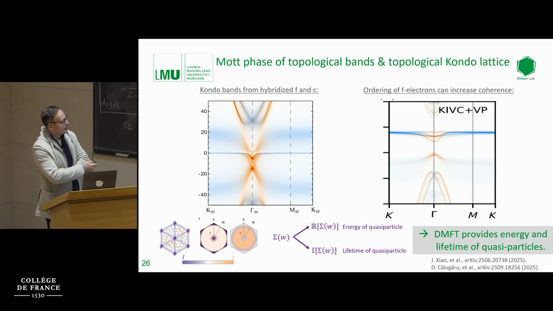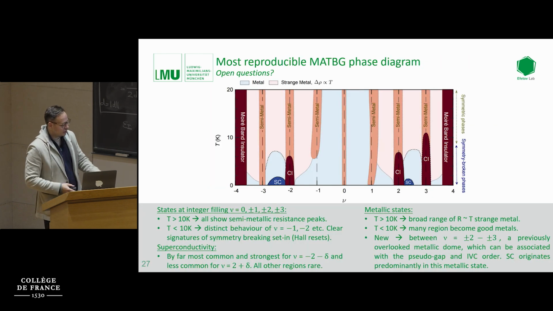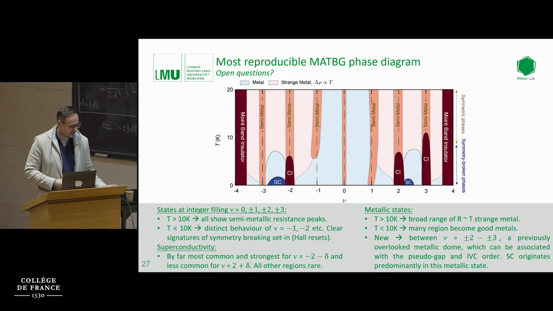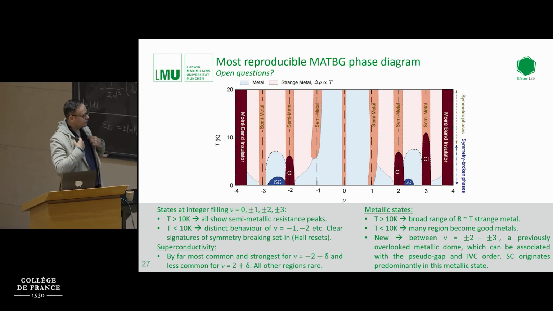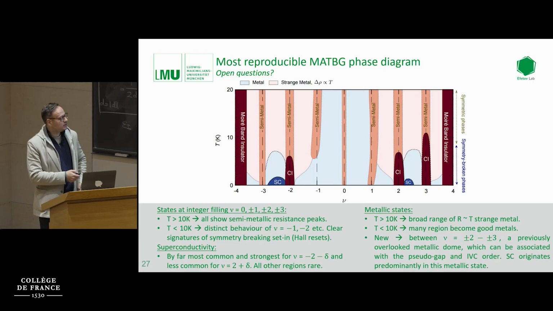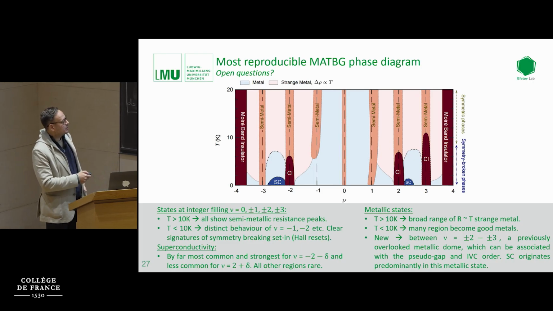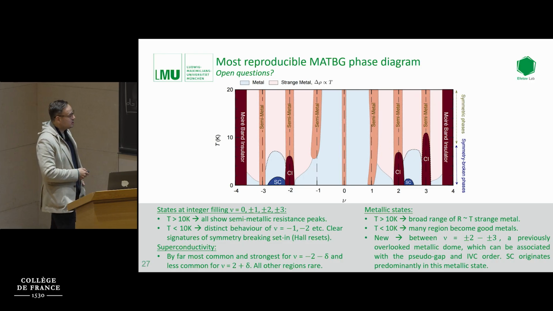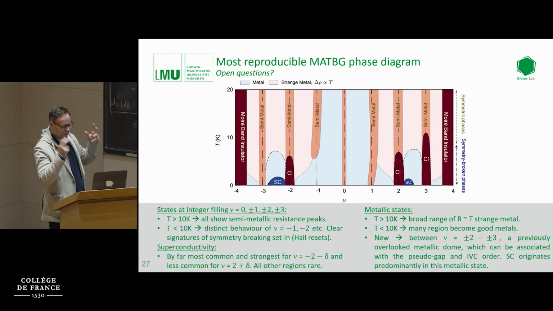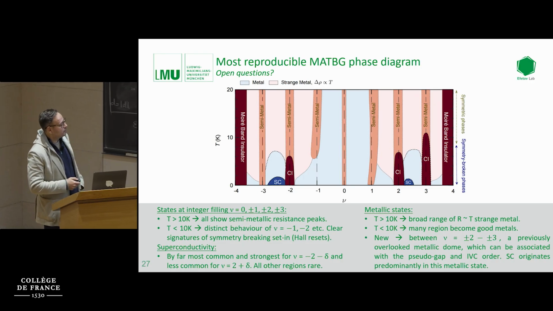Basically, I think one cumulative phase diagram that I would now try to paint here is that we understand these semi-metallic phases at high energies, at high temperatures, that we typically see by this Mott semi-metal picture.